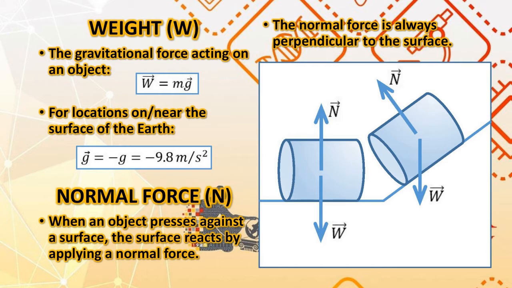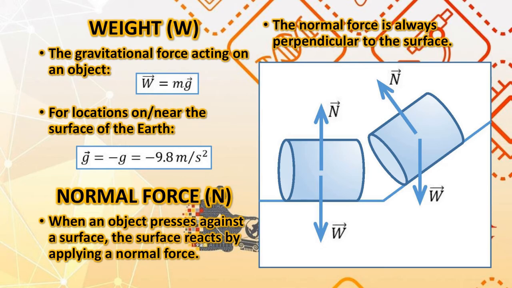So if the object is placed on a horizontal surface, for example, due to the weight of the object pressing into the horizontal surface, the horizontal surface will produce a normal force perpendicular to the horizontal surface, so vertical, and out of the horizontal surface.